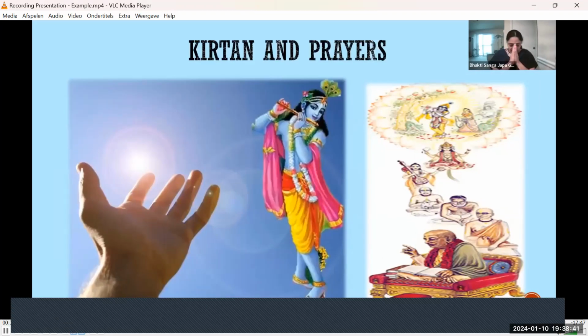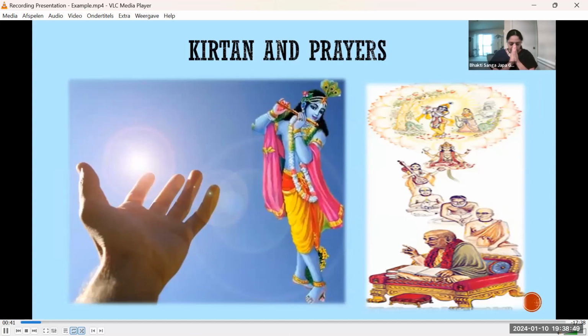Om ajnana-timirandhasya jnananjana-shalakaya, chakshur unmilitam yena tasmai shri-gurave namah. Mukam karoti vachalam pangum langhayate girim, yat-kripa tam aham vande shri-gurum dina-taranam. Namo om vishnu-padaya krishna-presthaya bhu-tale, srimate bhaktivedanta-swamin iti namine.